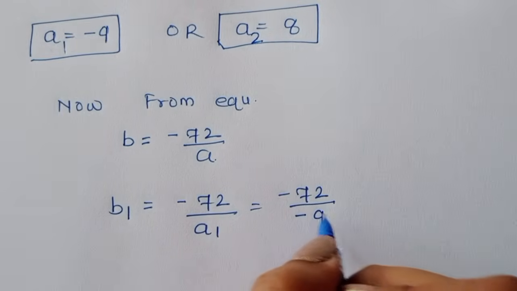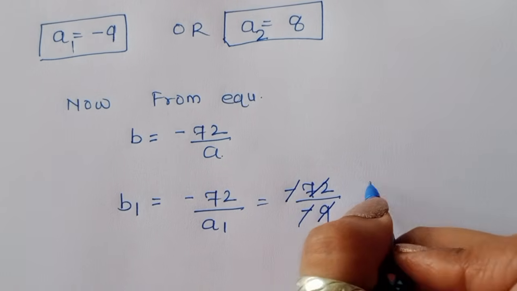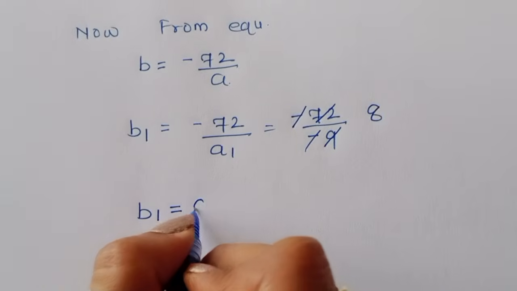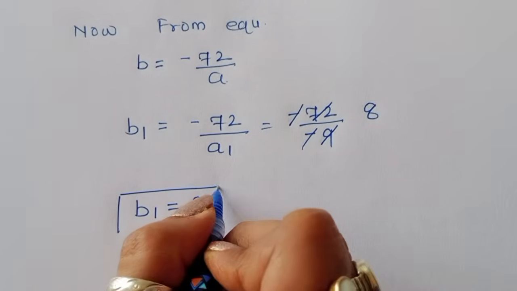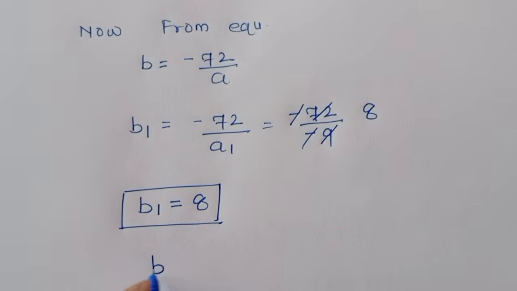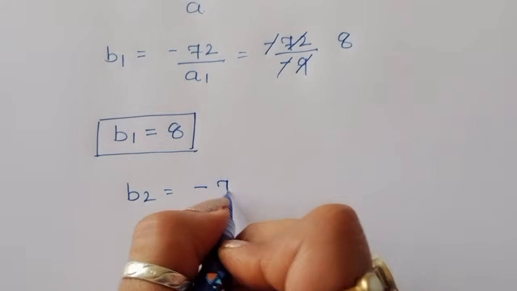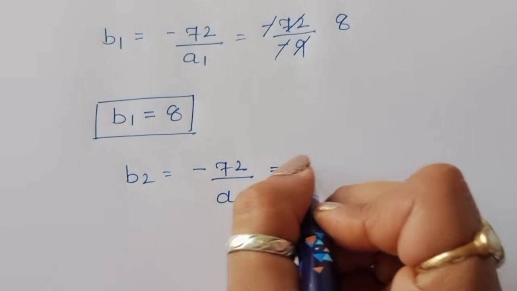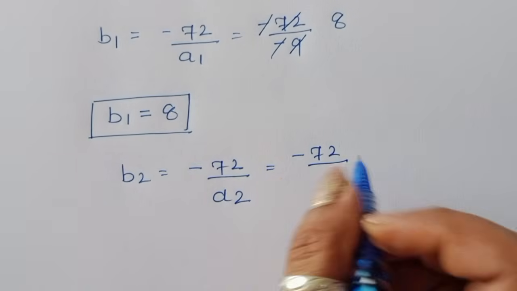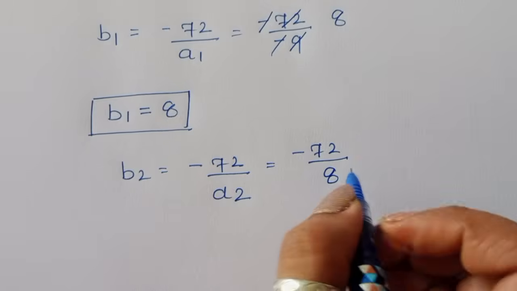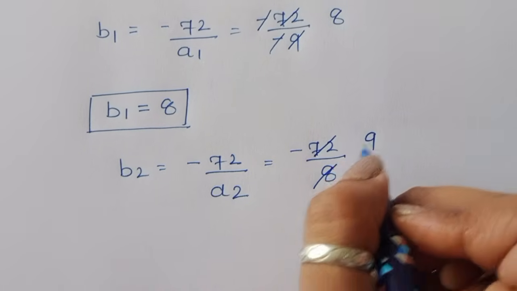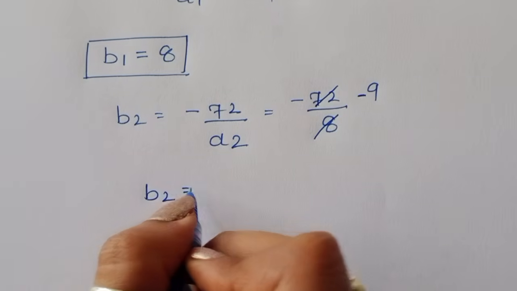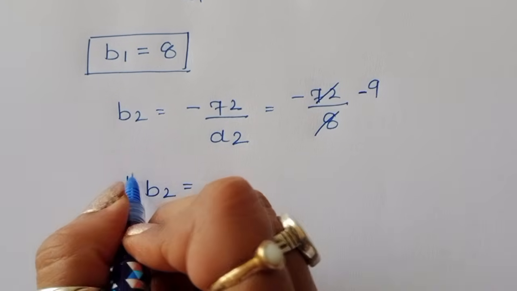The minus is cancelled, it is 72 by 9, so the value of b1 is equal to 8. Now b2 is equal to minus 72 by a2. a2 is 8, right? So 8 nines are 72. This is minus 9, so the value of b2 is equal to minus 9.